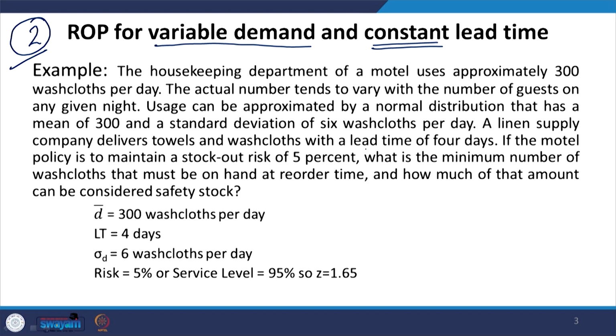So, lead time is constant, that is 4 days, and the use of washcloths is varying with a normal distribution, where mean is 300 and the standard deviation is given as 6 per day. So, this is the additional information, that the standard deviation of the demand of washcloths per day is 6 units, and the motel policy is to maintain a stock out risk of 5%.